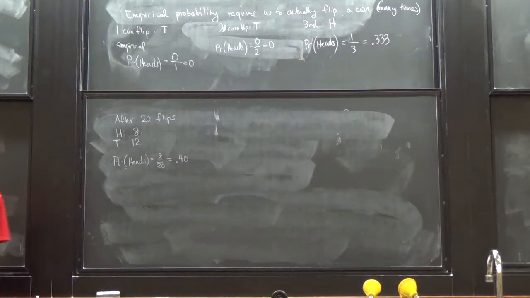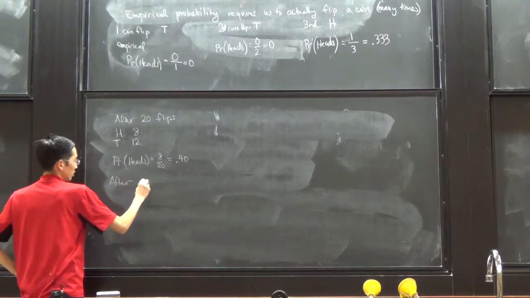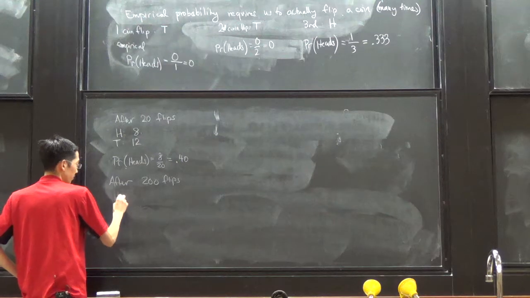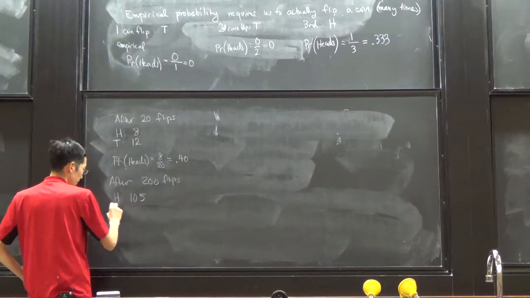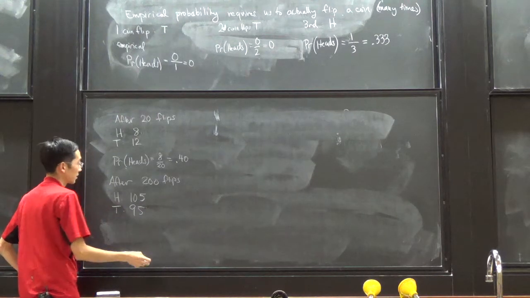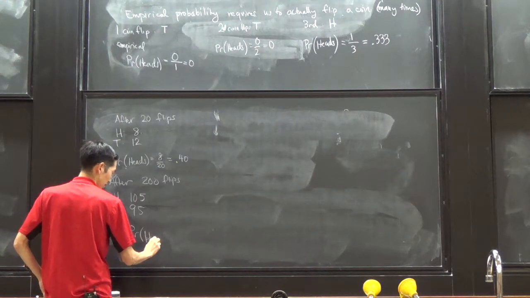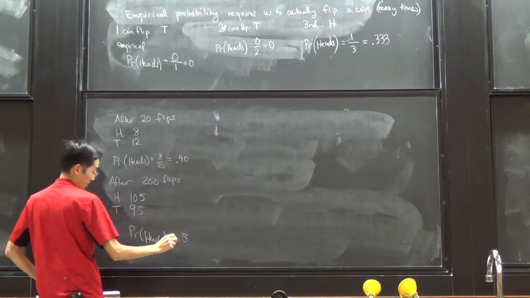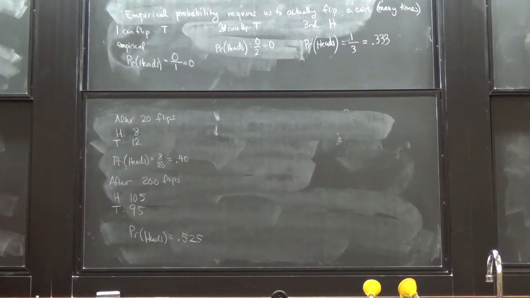Something like that. So this is my empirical probability. Maybe after 200 flips, I've seen 105 heads and 95 tails. So my empirical probability would be 0.525 or something like that.